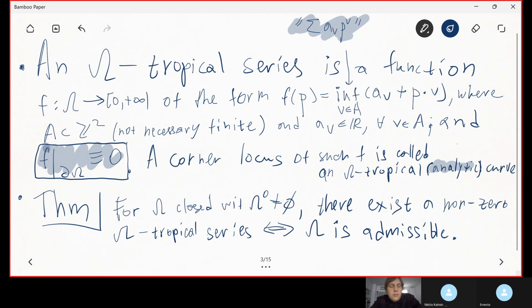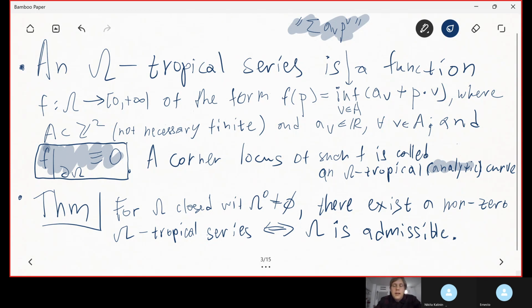I'll mention a sketch maybe of the proof: a closed domain with non-empty interior is admissible if and only if there is some omega tropical series which is not identically 0.